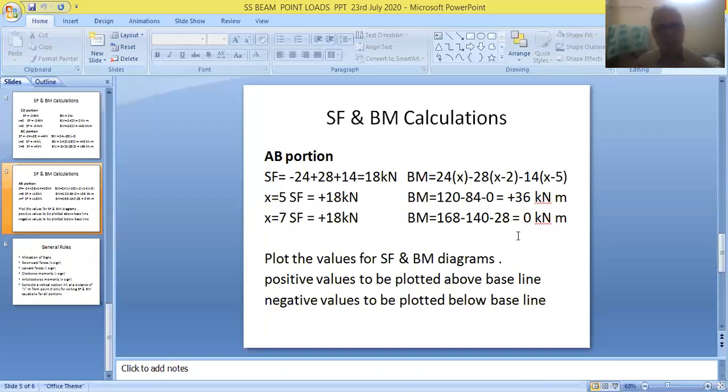Similarly, plus symbol for anti-clockwise movements and minus symbol for clockwise movements. So all these rules are very, very essential for solving problems, making calculations and getting the results.